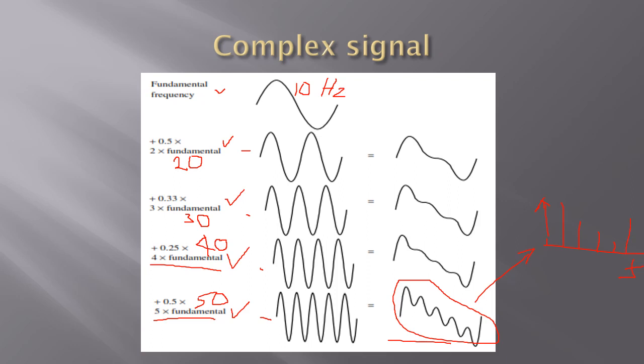So this is the spectrum of the signal, which is of this form. This is the time domain representation on the left and the frequency domain representation on the right.